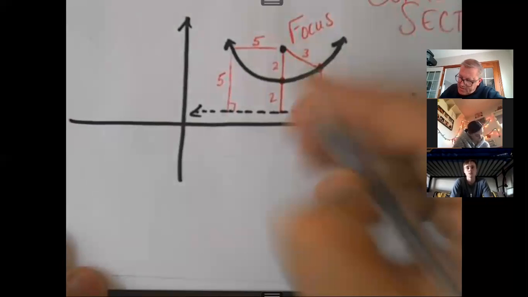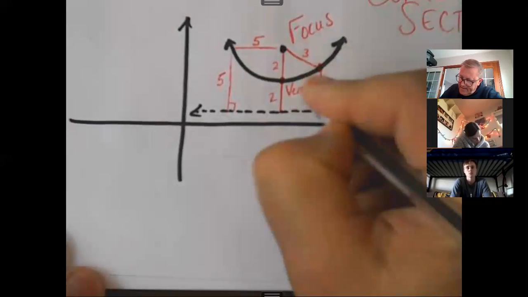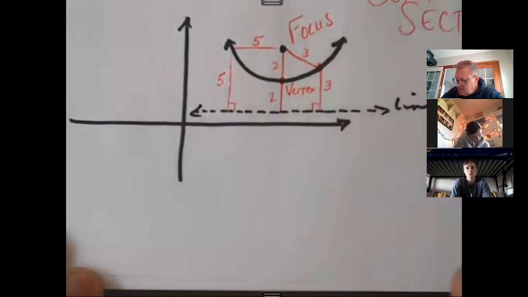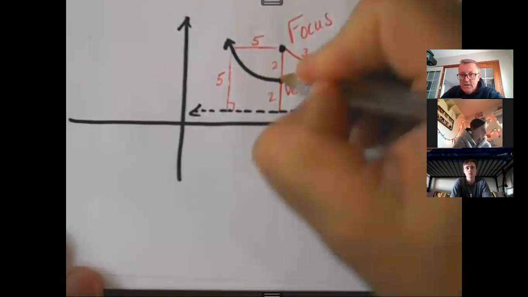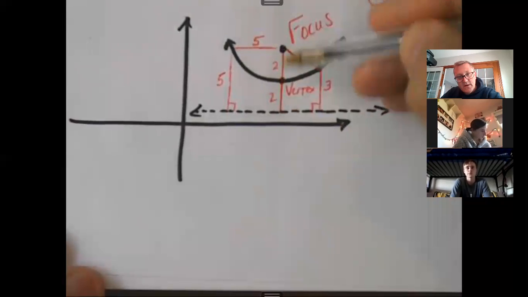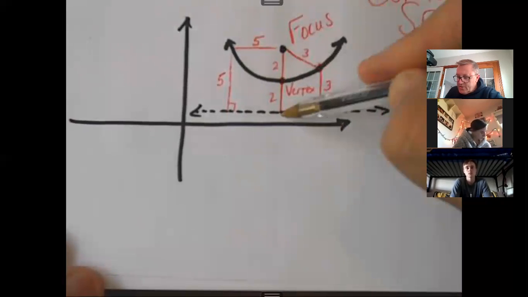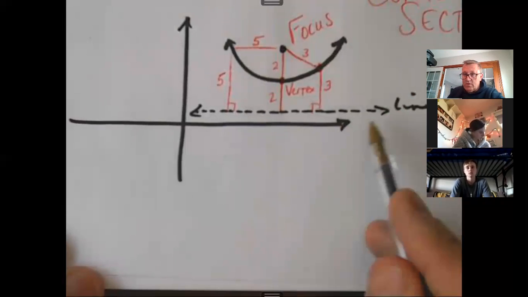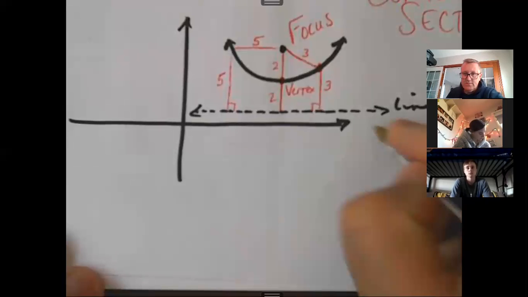All right, this point is called the vertex, and that's the tip or the apex of the parabola. That's this, and the focus is here. The directrix is here. And the directrix is always a line, not a curve. And in this case, since it's a horizontal line, it would be y equals.